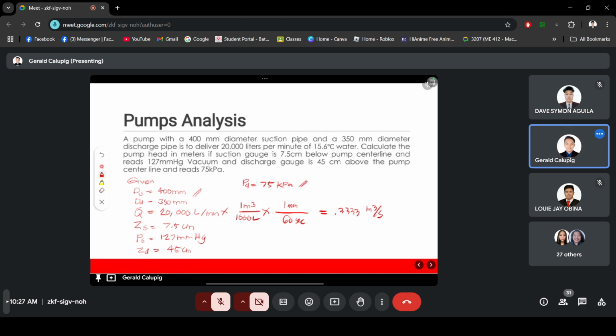And our PS or pressure in the suction line is what? What is the conversion of 127 mmHg to kilopascal? We can have 16.9319 kPa.